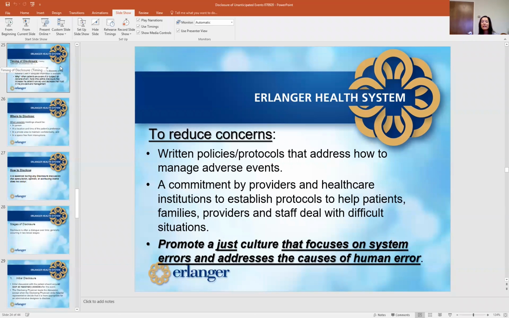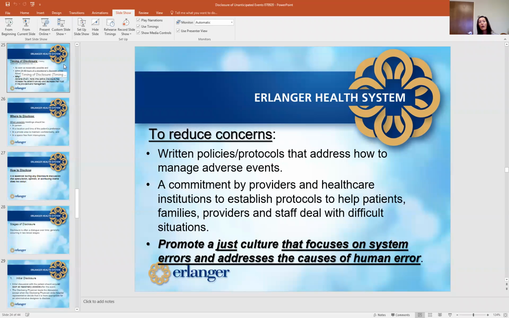But what you really need is a full commitment by providers at every level and the healthcare institution itself to help patients and families and staff, we'll talk about second victim as well, deal with these difficult situations when they arise. Again, we know they do. We know they do in very large numbers every year that cost a lot of money. And so what we want to do is reduce the likelihood of it happening again.